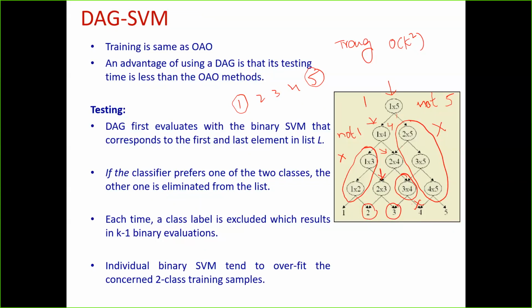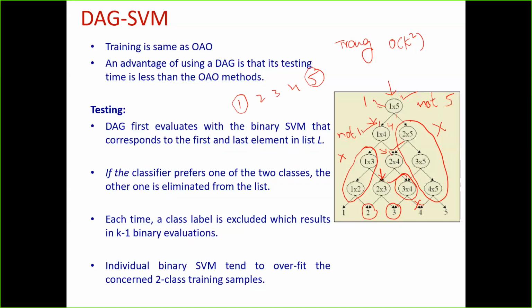Observe this carefully and tell me how many classifiers we are checking if there are 5 classes. How many classifiers are we checking to classify a new instance? 1, 2, 3, and 4. Only 4 we are checking, right? We are giving it to this, this, this, this.